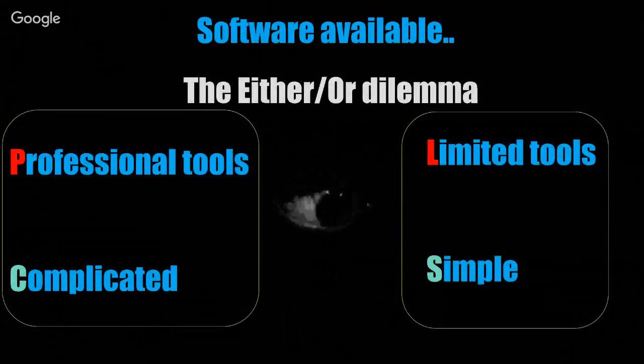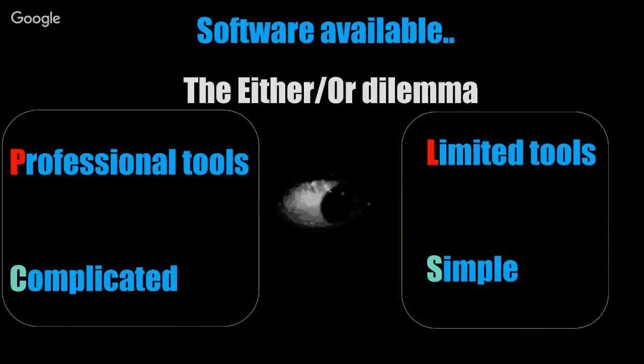So when it comes to the software which is available, we have the either-or dilemma. You are either going to get the box on the left or the box on the right. You are either going to get a software which includes really professional tools, but the problem is that it's really complicated. The other option is a software with limited tools, but is simple and could be used more easily.